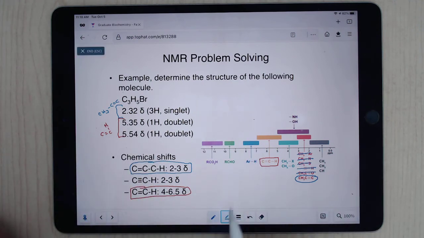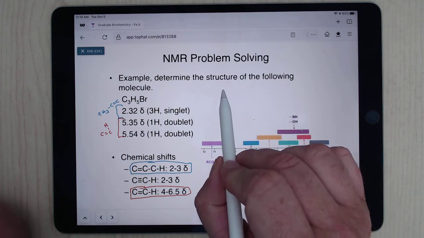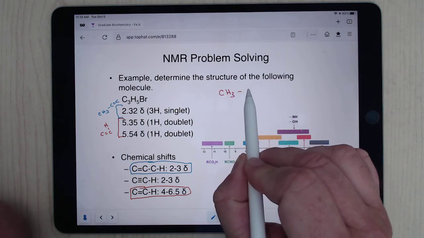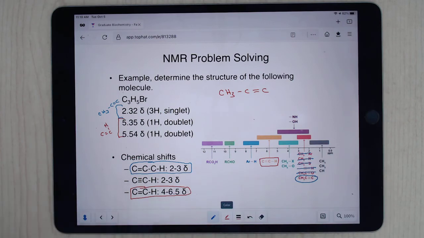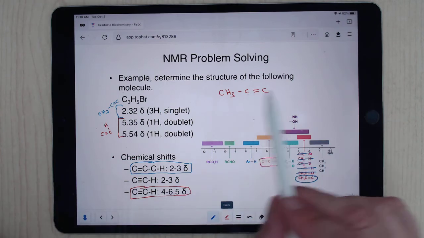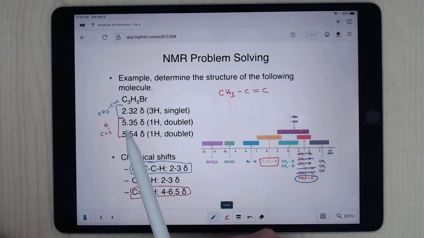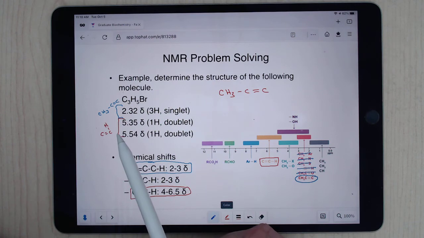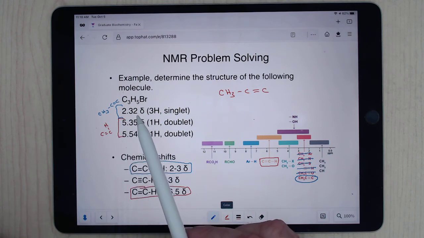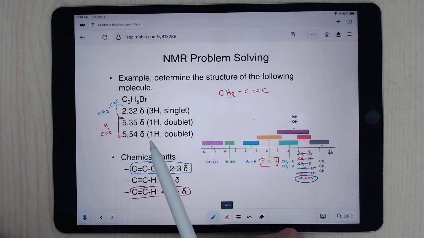There are a couple of different ways that we could do this. We know we have a CH3 next to a C double bond, and these two are next to an alkene, because we have a DOU, and both of these integrations indicate a CH.